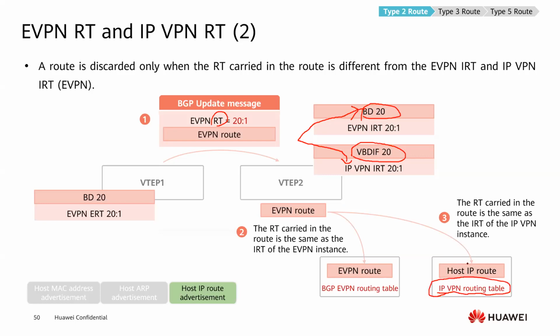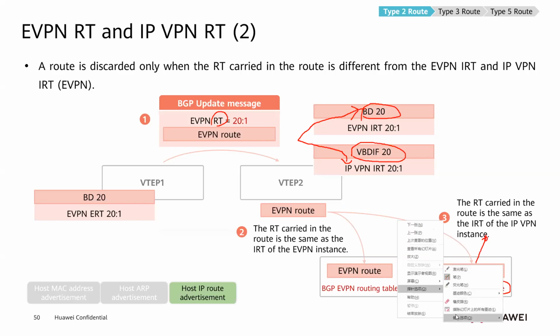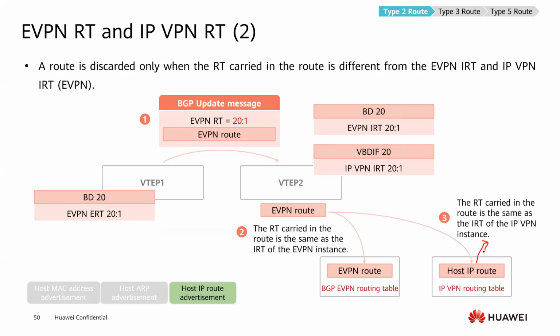So you find that this table is used for IP forwarding, but the other table is used to direct the level 2 frame forwarding.